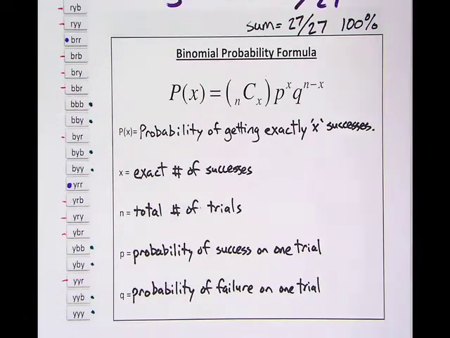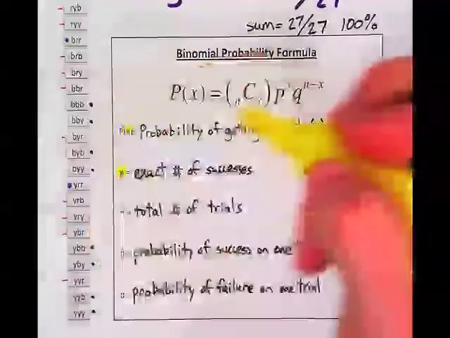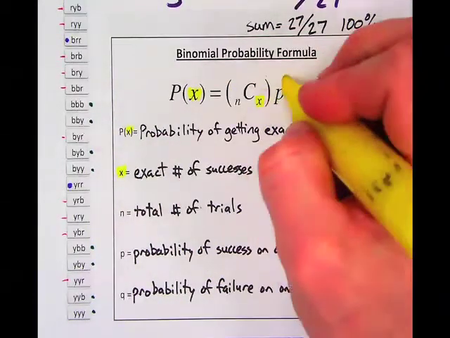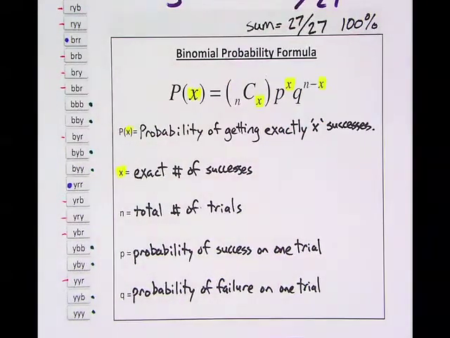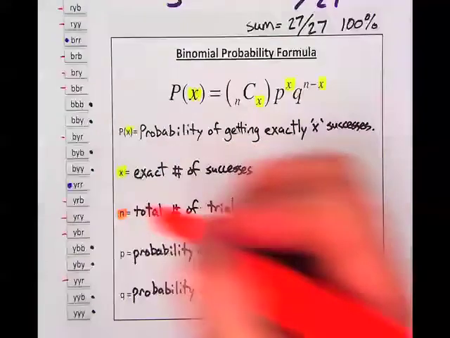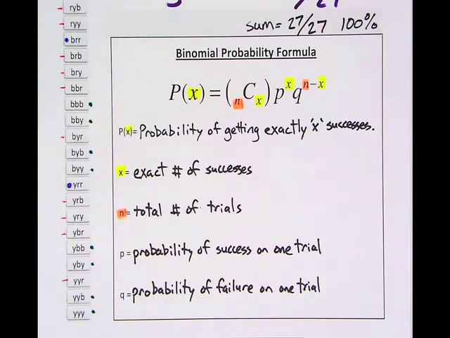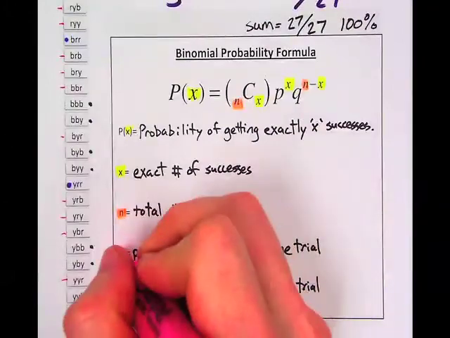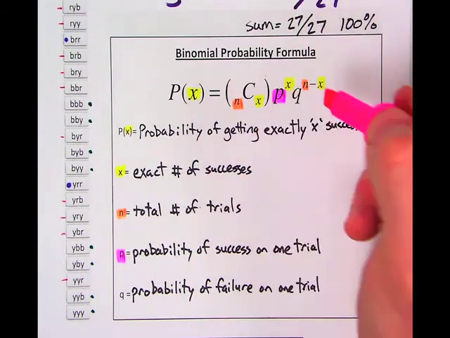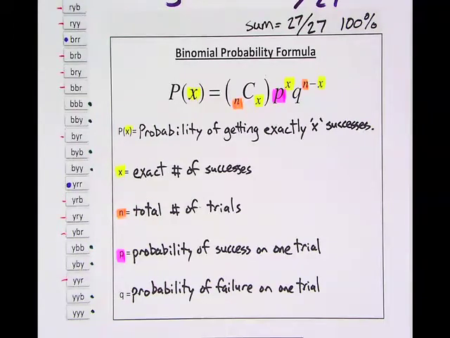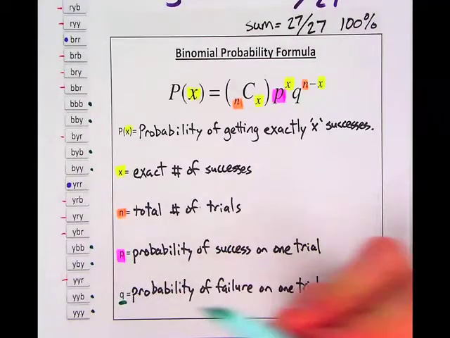Okay, so you can see here our x shows up a couple places in our formula, and n also shows up in 2 places. This p right here is a lowercase p. That's right there. And then we see our q and the q right there.